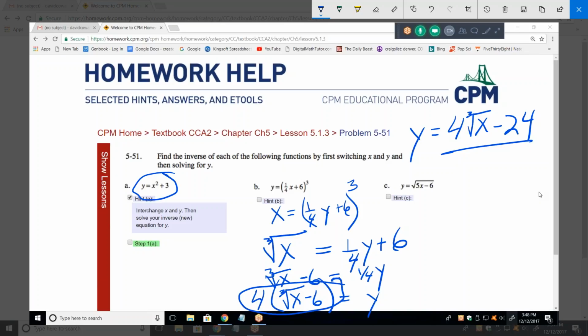Or if I'm taking the fifth root of x, it's just the fifth root of x. It's only when you're taking even roots, like the square root or the fourth root or the sixth root, that your answer always starts plus or minus. This is correct here. This is probably a little cleaner up there. Same thing.